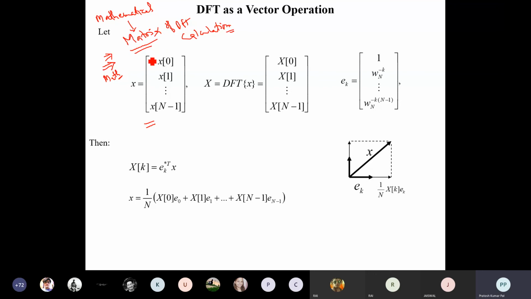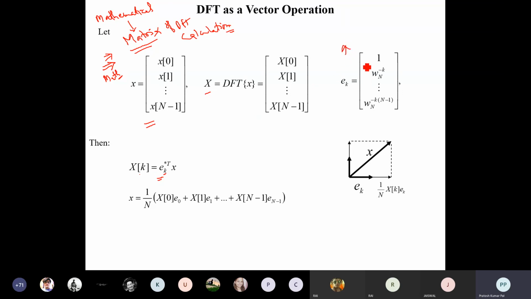Whatever our sequence is, we write it in the form of a column matrix. In that case, our DFT X of k will be equal to this column matrix with x of 0, x of 1 up to x of N minus 1. So this will be the output. This output, X of k, is obtained by multiplying with the Twiddle matrix.